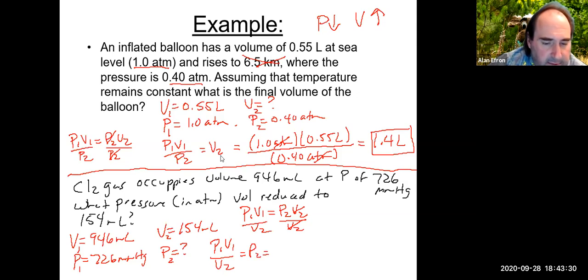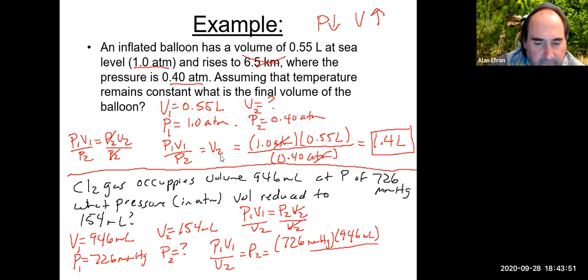Putting in our numbers here, our P1 is 726 millimeters of mercury. Our V1 is 946, divided by our V2, which is 154 milliliters. Milliliters will cancel.